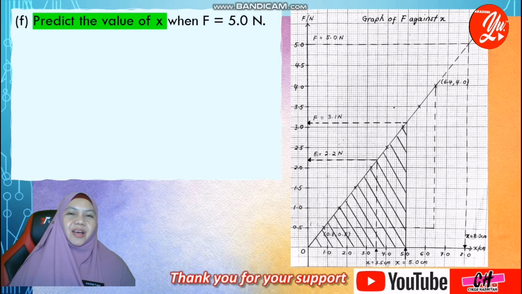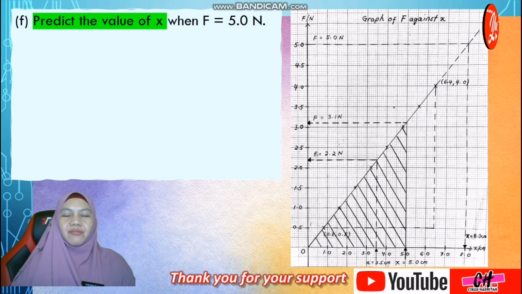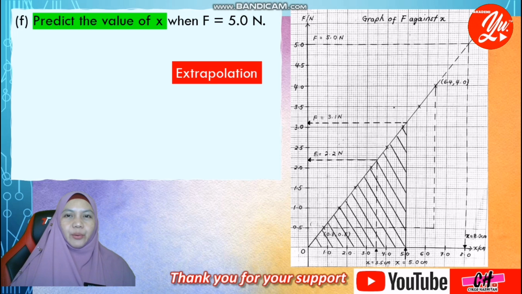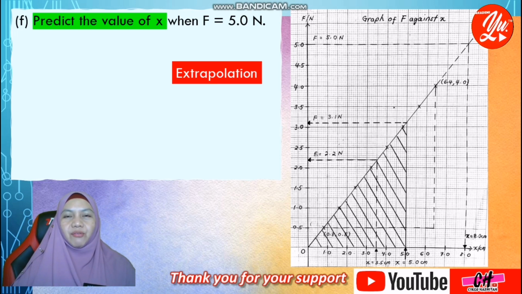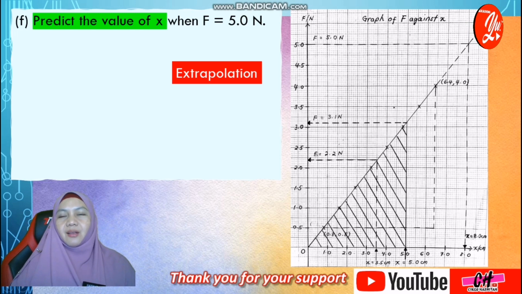Okay, now we have come to F, where you have to predict. You are asked to predict the value of x when F is 5 Newton. So how do we do prediction? By doing extrapolation. So how do we extrapolate this graph where the force is 5 Newton? You can see from the original line, when force is 5 Newton, it is actually out of the range.